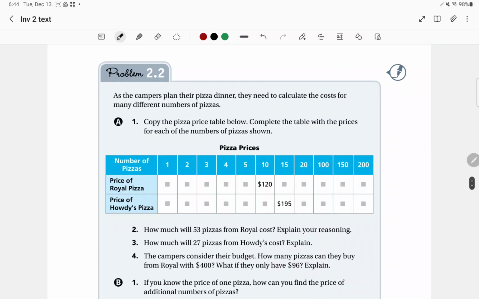On the first one, it says, as the campers plan their pizza dinner, they need to calculate the costs for many different number of pizzas. Copy the pizza price table below, but you have a lab sheet. So let's jump over to your lab sheets, and we're going to answer these questions on your lab sheet.